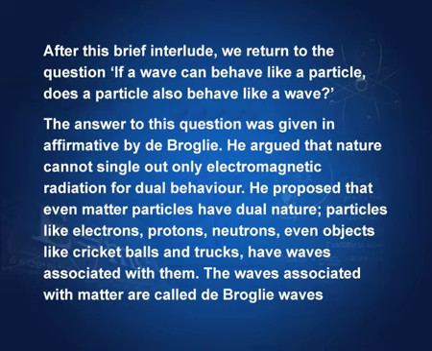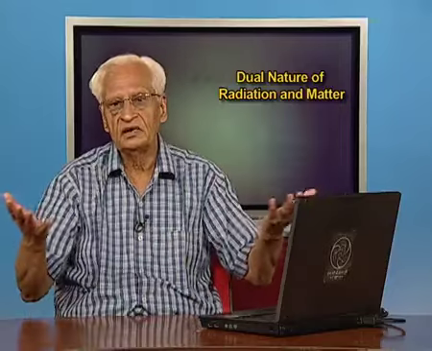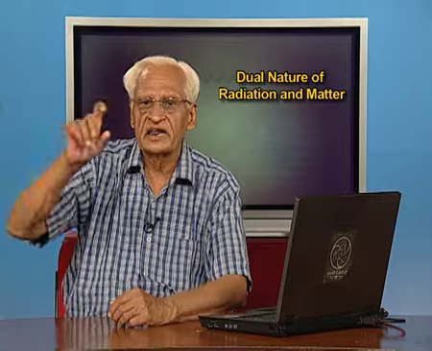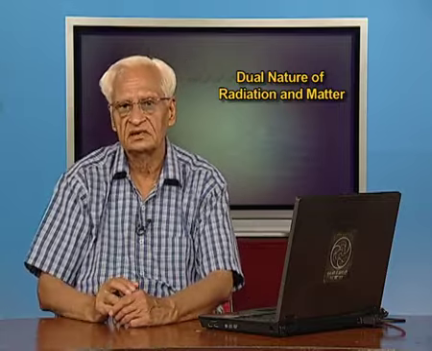He argued that nature cannot single out electromagnetic radiation for dual behavior. You see, we have found that electromagnetic waves sometimes behave as particles, sometimes they behave as waves. So, he said, how can it be that electromagnetic waves can behave as particles and as waves?